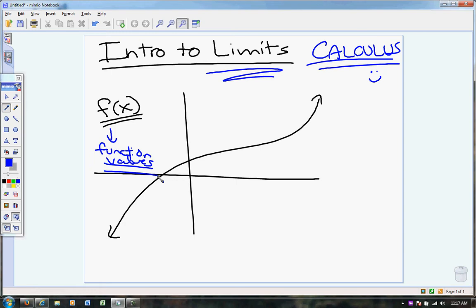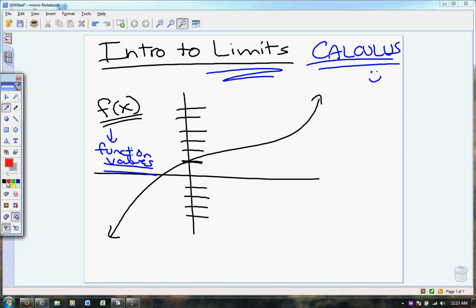Okay? So if I were to look at this function, if I were to put some labels in here, okay, just like that. There's some labels. And if I were to move along this function, what is the function value right here? 1.